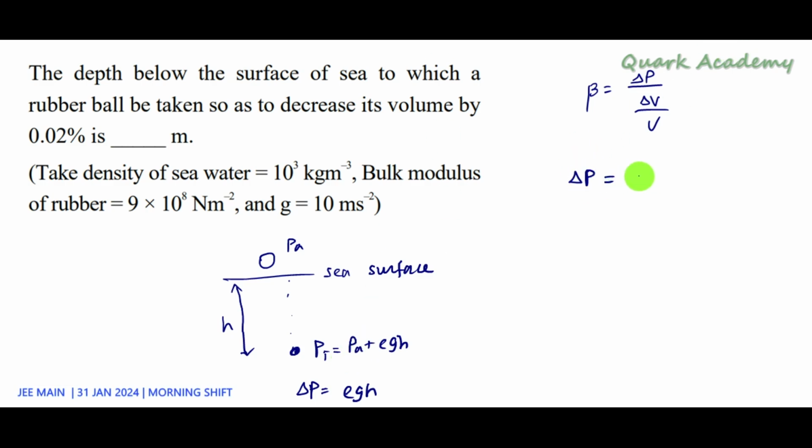So let me write change in pressure equal to beta into delta V by V. So change in pressure is rho GH. This is beta. Change in dimension, that is 0.02 by 100 V divided by V. So this particular thing, we got it from this information, 0.02 percentage.